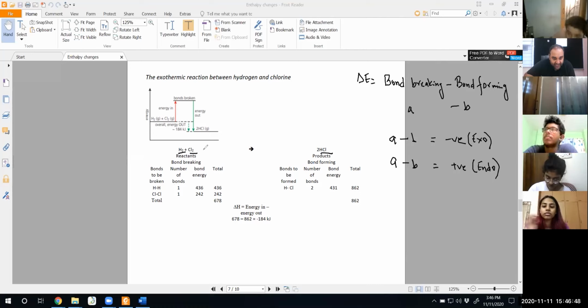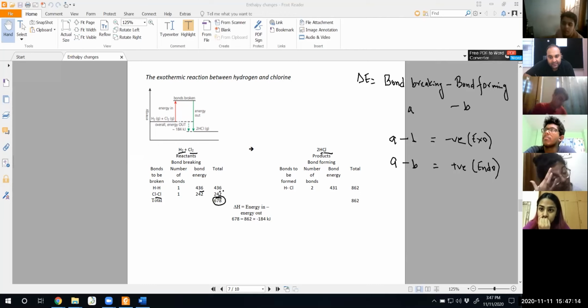The energy needed to break the H-H bond was 436. The energy needed to break the Cl-Cl bond was 242. So the total energy needed to break both bonds was 678.